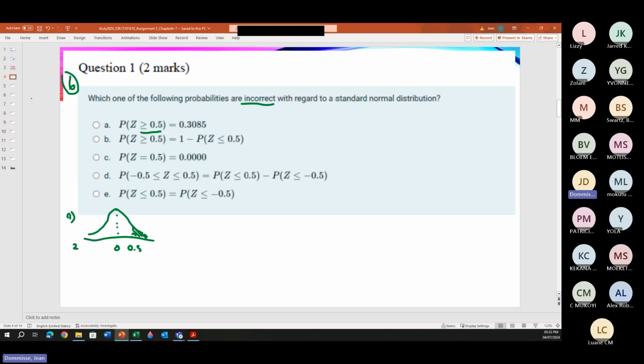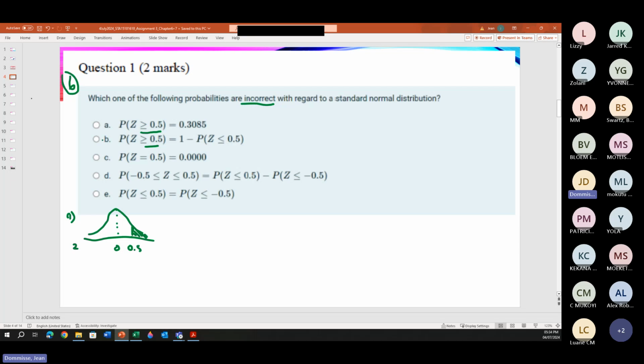So this already leads to the question: if I take the positive table, I will get this white area, then I need to say 1 minus that. So you can already see that to work out Z bigger or equal to 0.5 is 1 minus Z smaller.